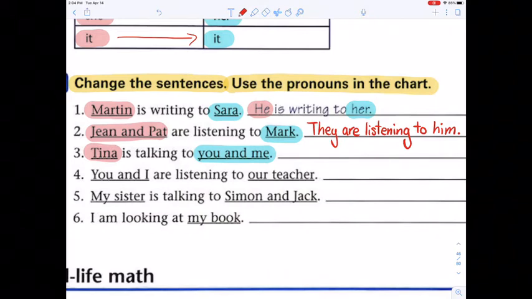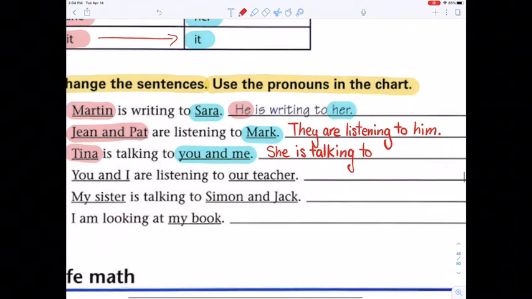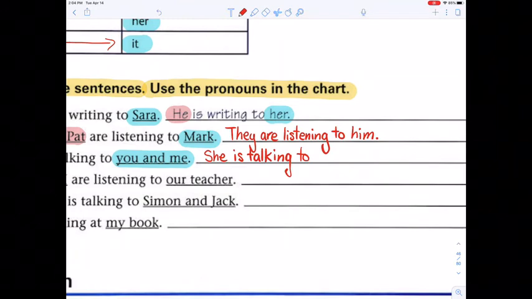Tina is a woman's name. What's our subject pronoun for one woman? She. She is talking to, okay, so we have you and me.